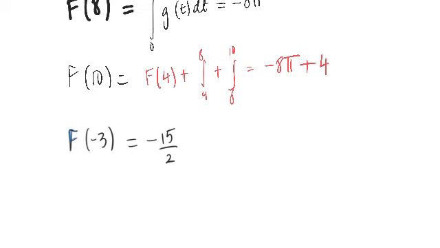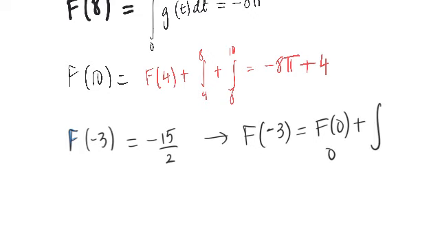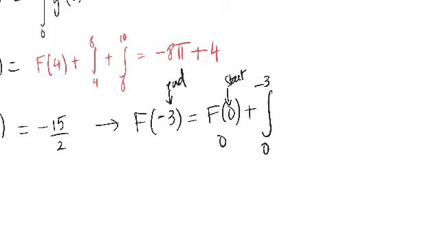I also want to show you that you can think of each of these as f of negative 3, for example. It's equal to f of 0, which we know is 0, plus the integral from this starting position to this ending position. So from 0 to negative 3 of f prime of x dx.